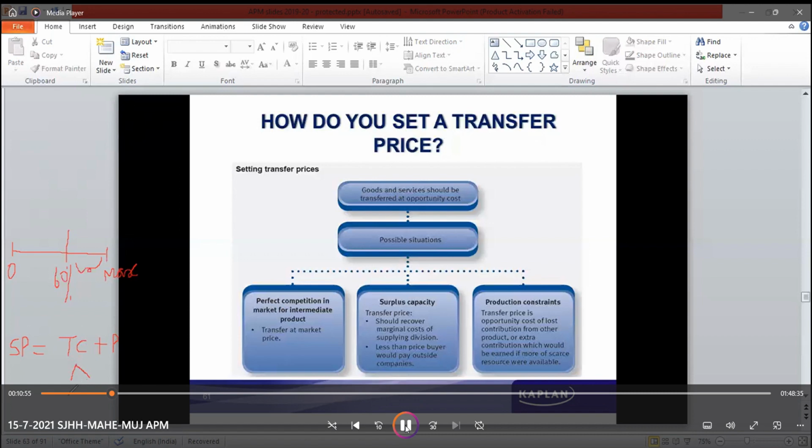Now, in such a situation, if they use their spare capacity, produce the product and transfer it to an internal department, the transfer price can be as low as the variable cost, because all they will be incurring for the surplus capacity is only the variable cost.